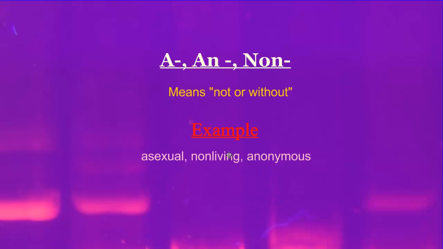The first prefix that we're going to start with is a, or also an or non. They're used fairly interchangeably. This prefix means not or without. The examples you will see in biology are things like asexual, non-living, anonymous.